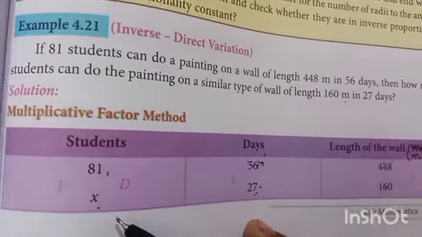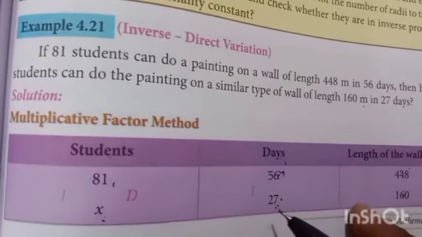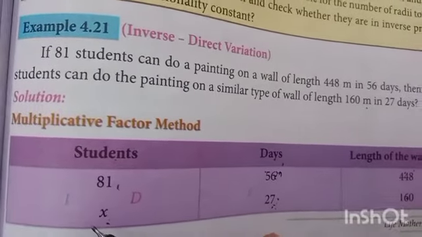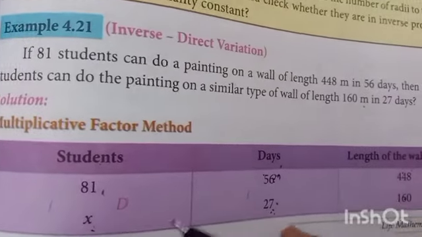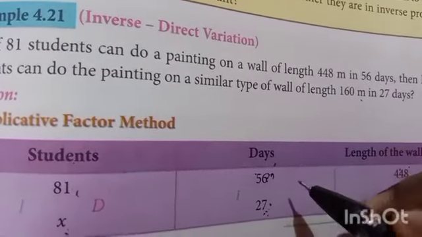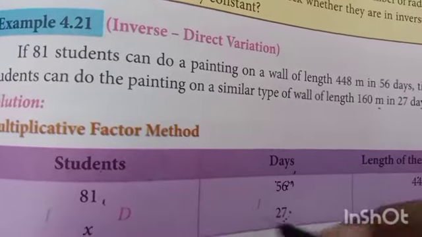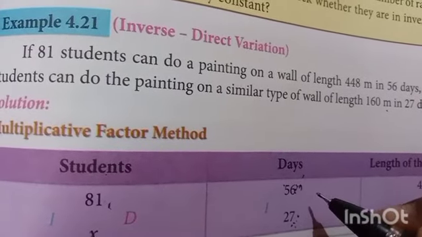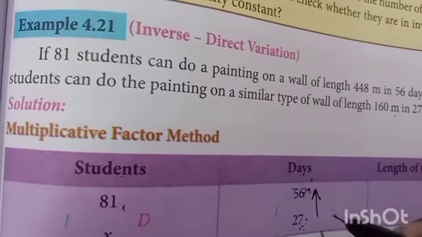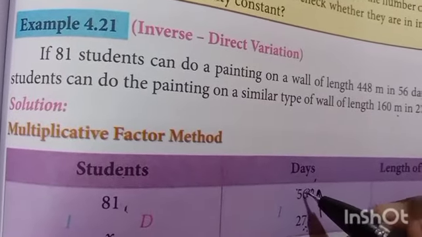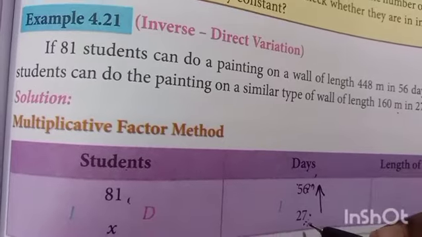It is less, it is more, so that is inverse proportion. For inverse proportion we use an upward arrow mark and a downward arrow mark. So the multiplying factor is 56 by 27.